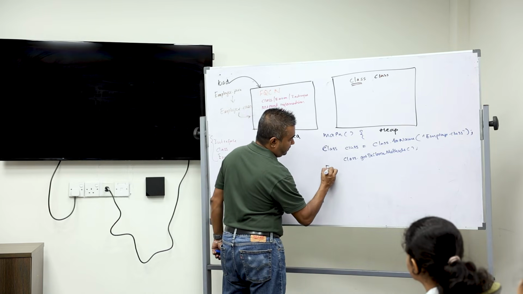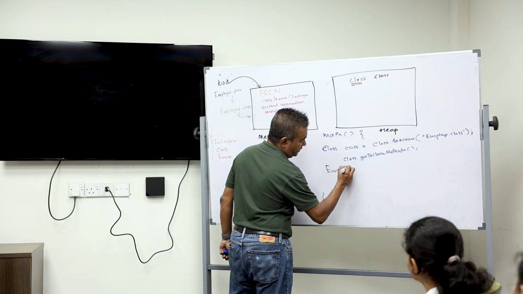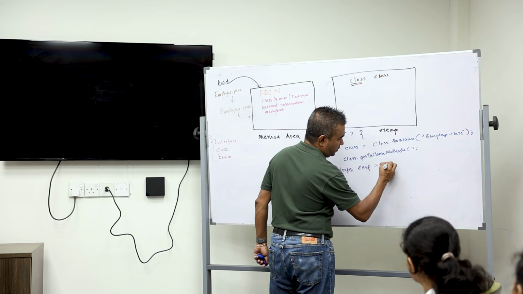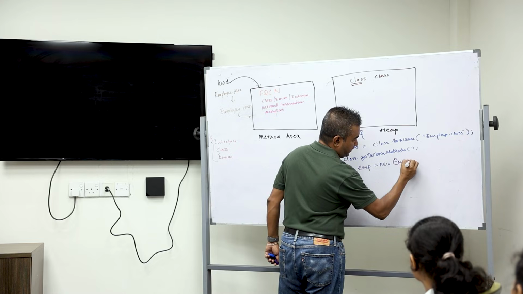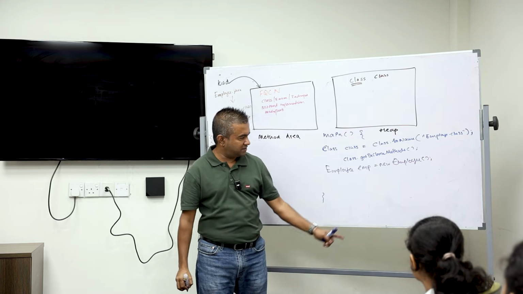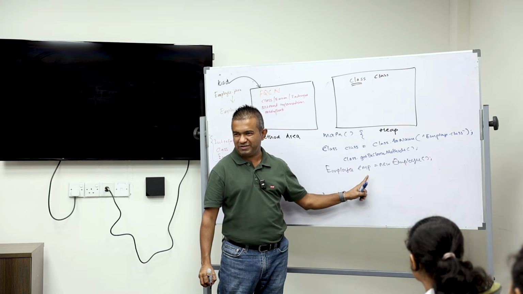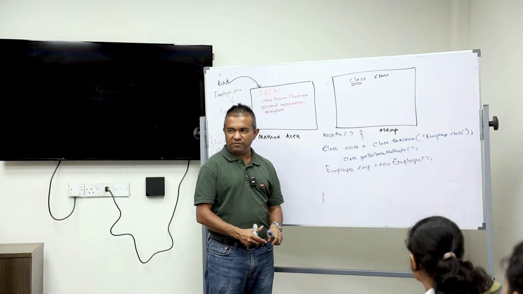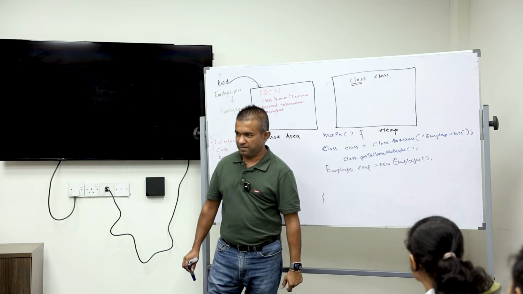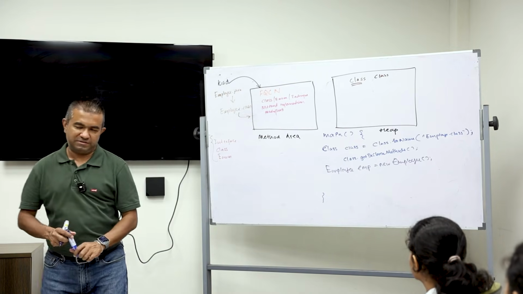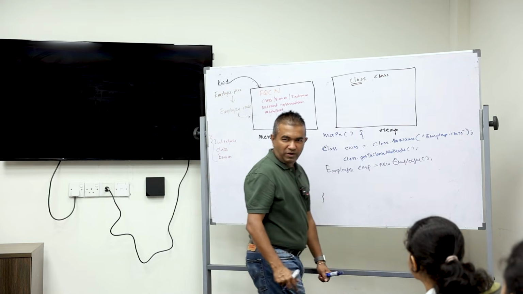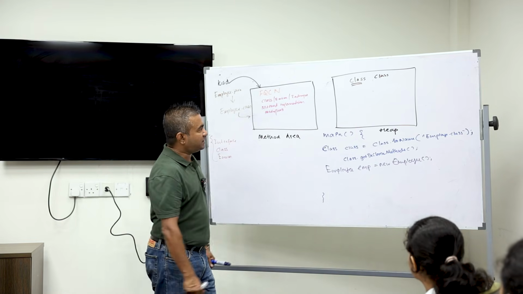Now you have Employee emp = new Employee. I'm lazy to write the full name, so I wrote emp; the right practice is that the variable name should be the class name with a lowercase first letter. Now what happened?